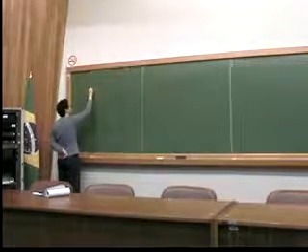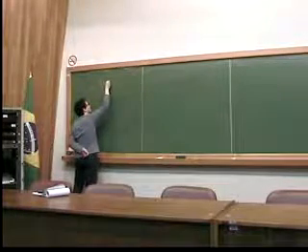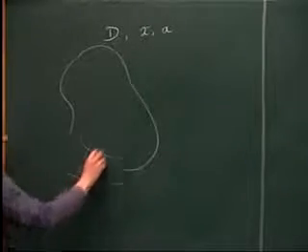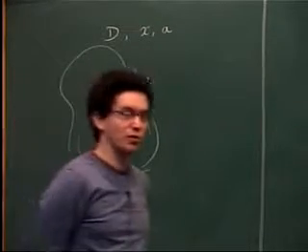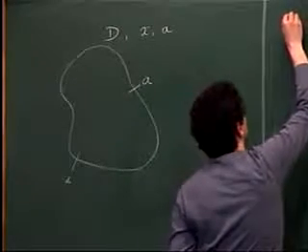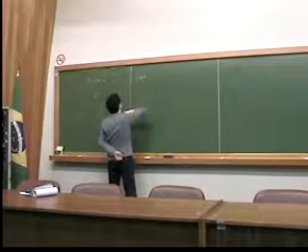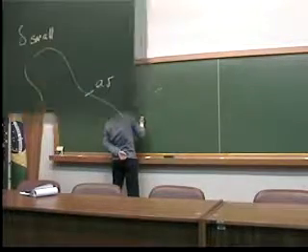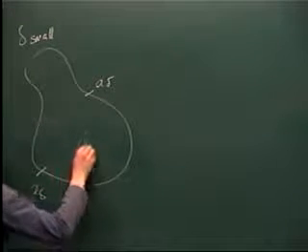Let us remember what we did so far. We took a domain D. We had two boundary points that we called X and A. We took a small delta, and for a small delta we used the lattice approximation of this domain with mesh size delta.